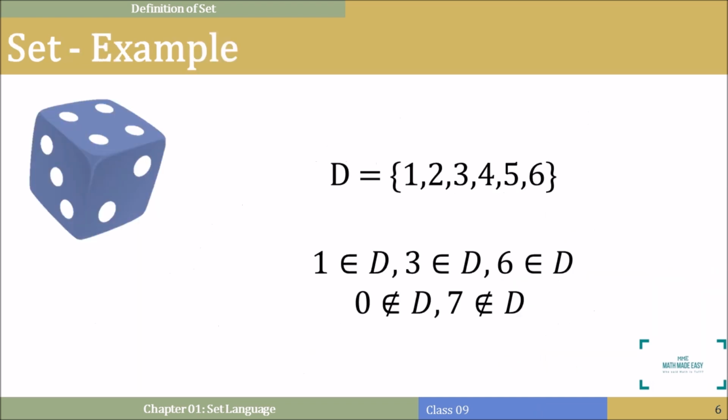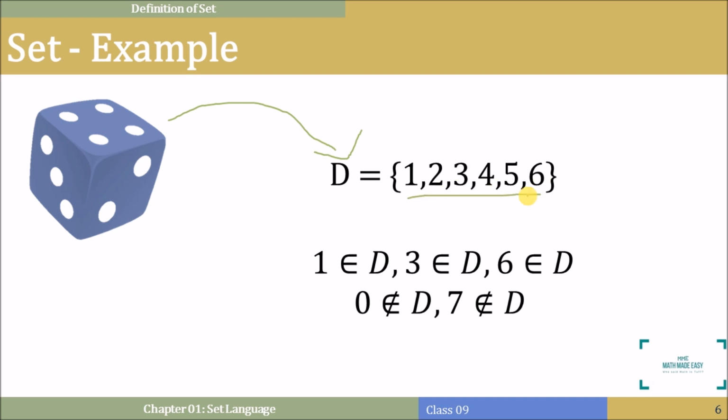Let's see some examples. Here is a die. A die contains 6 faces, with each face containing a number of dots varying from 1 to 6. One can write the set of the die as D equal to {1, 2, 3, 4, 5, 6}.